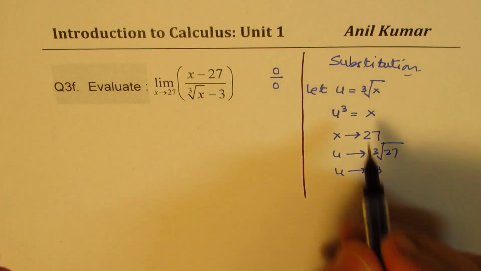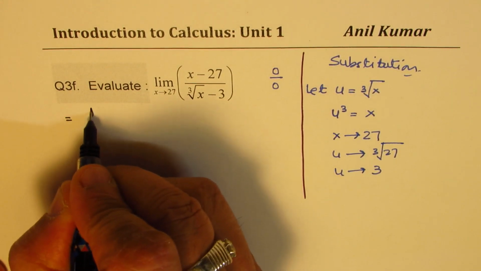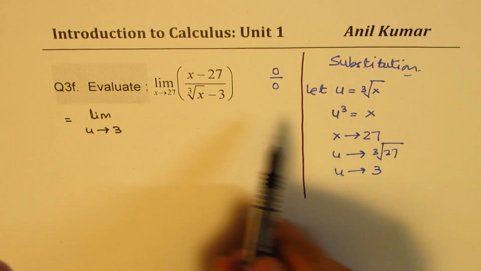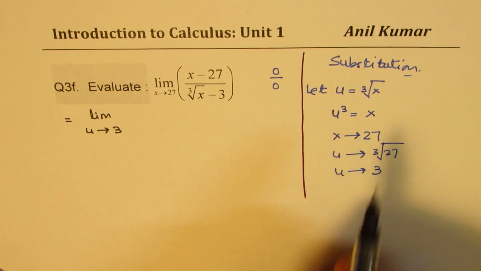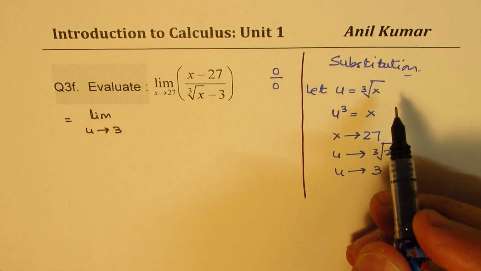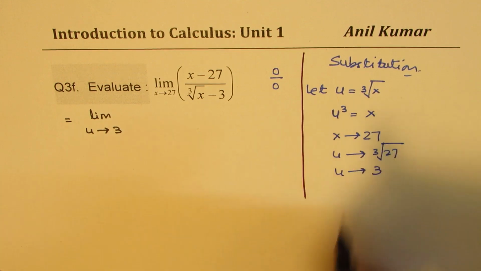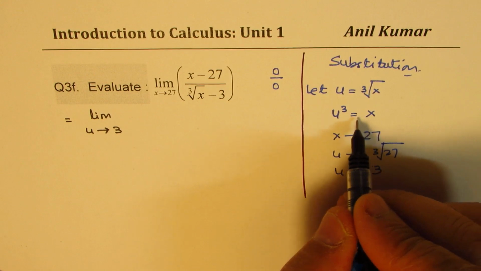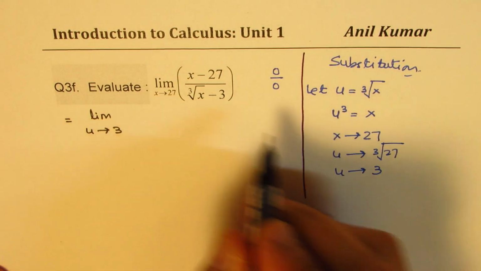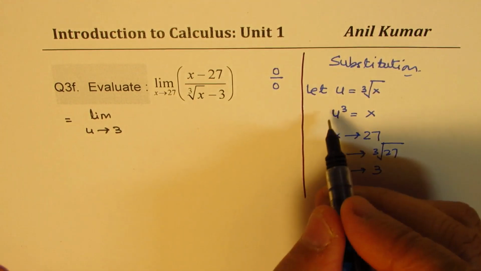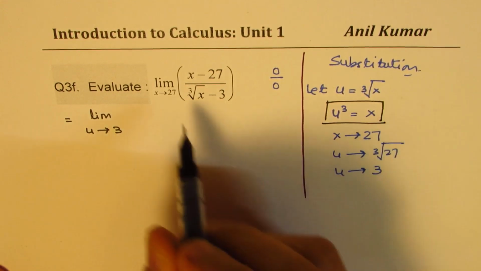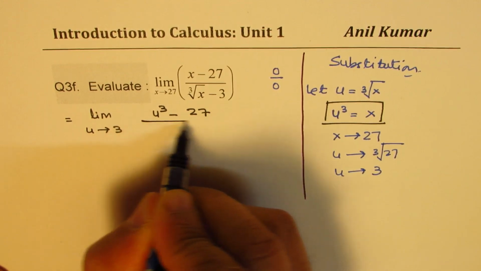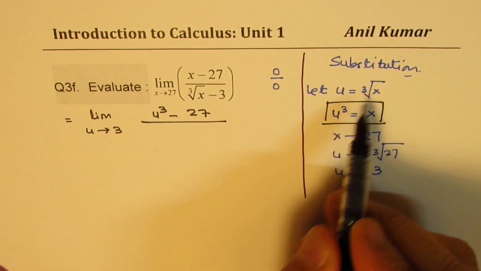So let's rewrite the equation with this substitution. We could write this as the limit as u approaches 3, and x is equal to u cube, as we wrote. So instead of x, I'm going to write u cube. So we get u cube minus 27 over u minus 3, since we have written u as cube root of x.